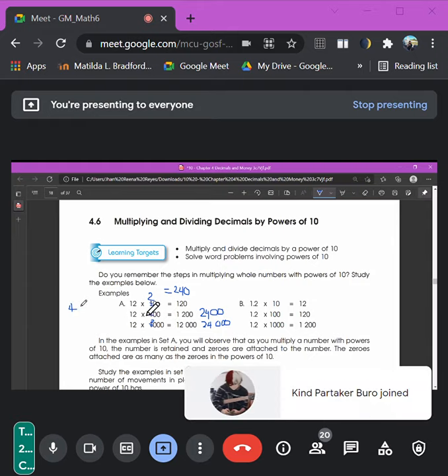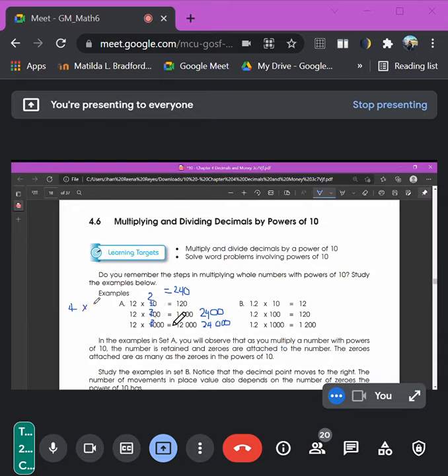For example, we have here 4 times 10. I know this is very easy for you because it is just 40. But if we want a shorter way so that you don't have to solve it long, you can multiply the non-zero digits. Where are the non-zero digits here? This 4 and this 1.